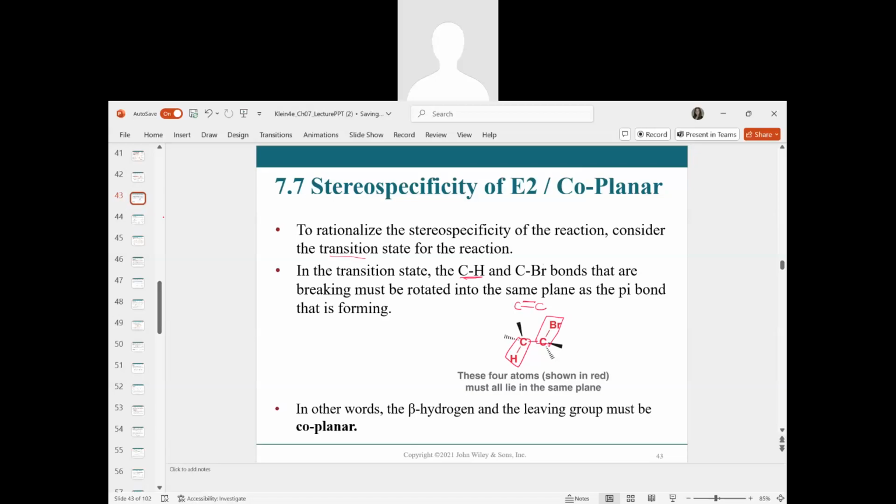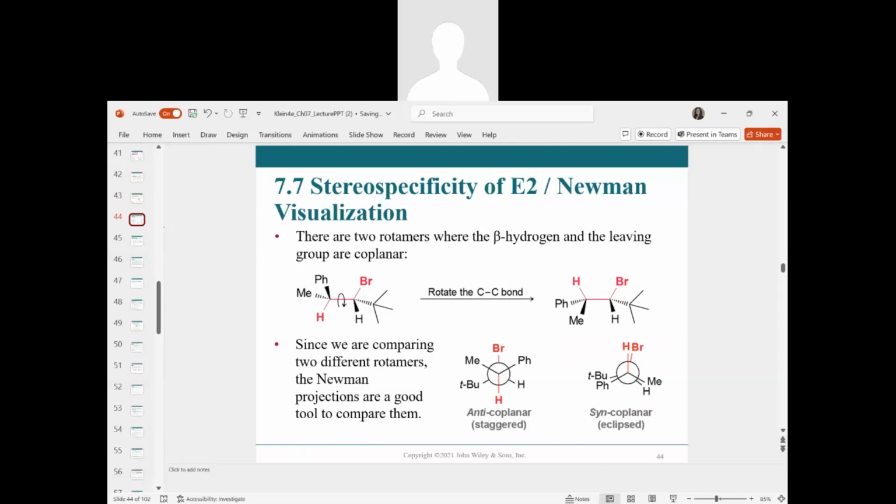So these four atoms that are shown in red must all lie in the same plane. Another way of saying this is that our beta hydrogen and the leaving group must be coplanar. So that's what we see here, that hydrogen in red, and then our halogen, our leaving group, in red as well. So these are called coplanar by this description.